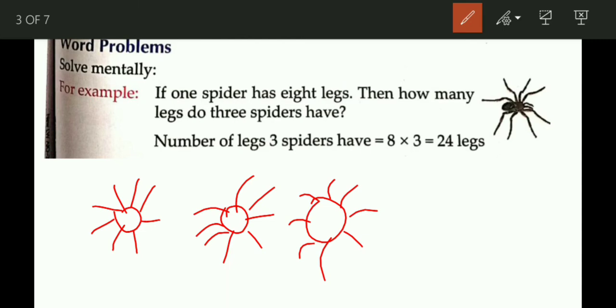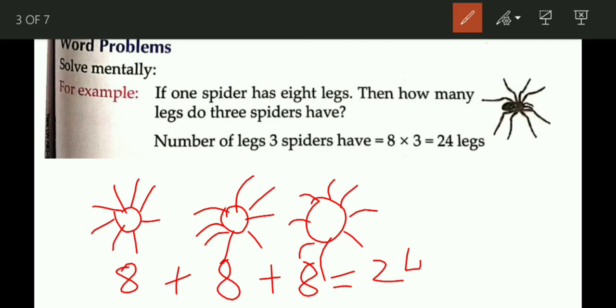It will be 8 legs plus 8 legs plus 8 legs. So 8 plus 8 plus 8 is 24. Okay. So you can also write, see here, you see that 8, 8, 8, these are the same numbers.